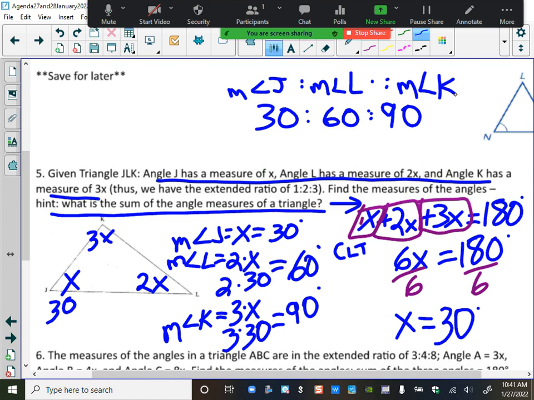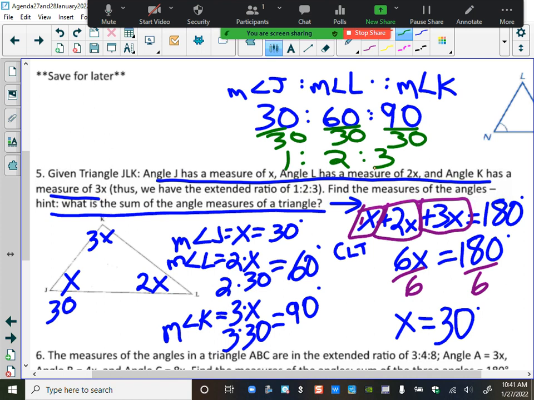It is 30. 30 divided by 30 is 1, 60 divided by 30 is 2, and 90 divided by 30 is 3.